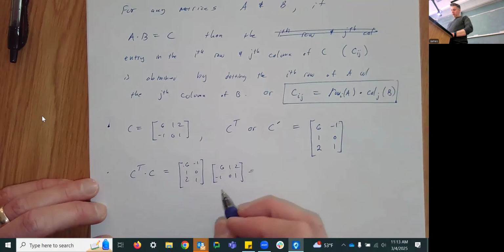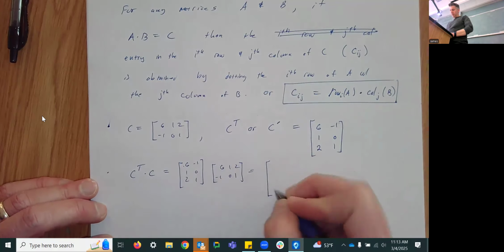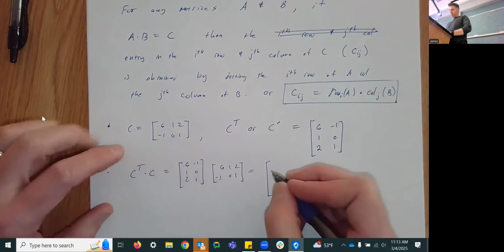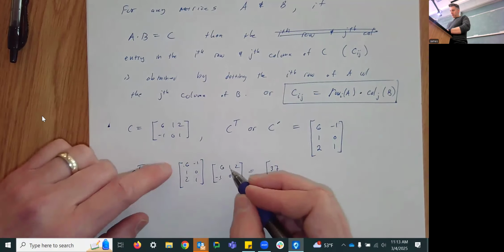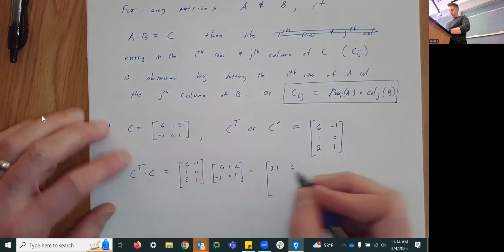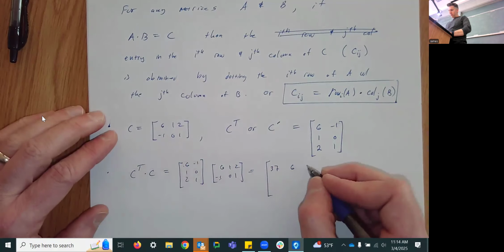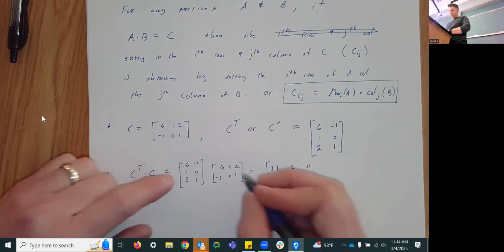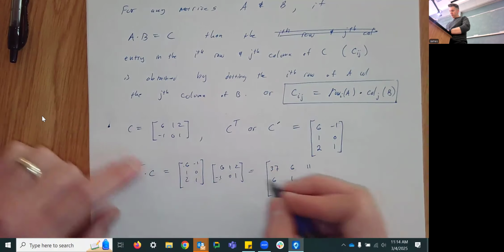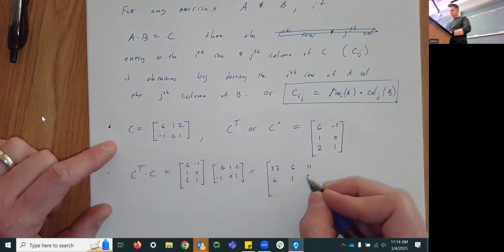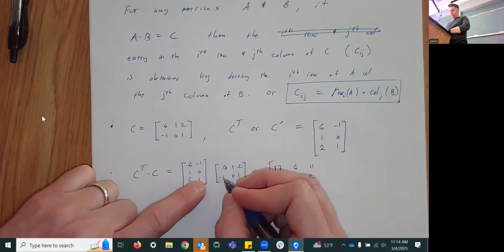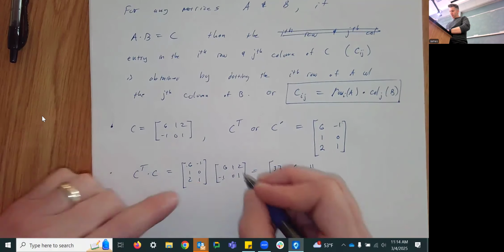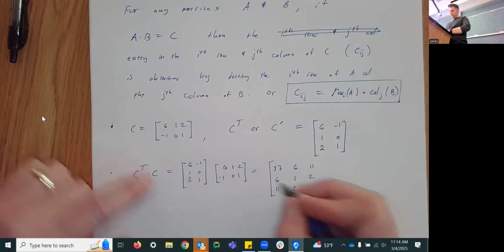So we get 36 plus 1, 6 plus 0, 12 minus 1, and then 6 plus 0, 1 plus 0, 2 plus 0, and then 12 plus negative 1, 2 plus 0, 4 plus 1.